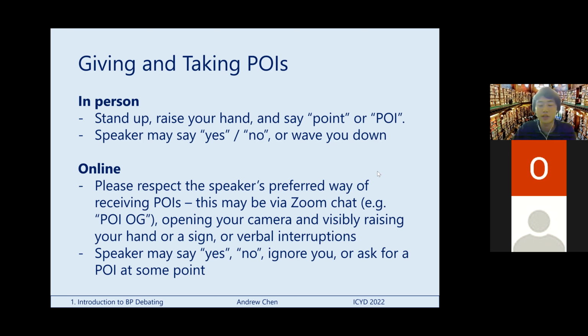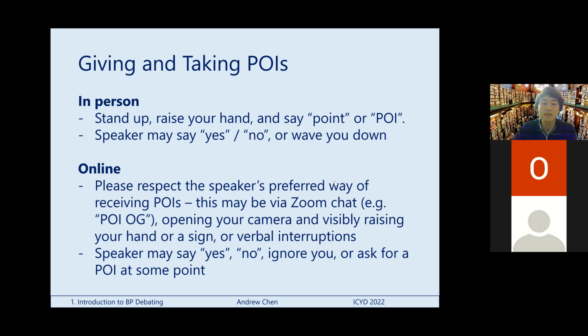So you might type something in a Zoom chat saying POI OG, which means that you're offering a POI from OG, which is your team. Maybe they'll request that you open your camera and visibly raise your hand or sign, or some speakers might request verbal interruptions. But generally, we ask you to respect whatever preferred way that speakers state and default to the Zoom chat and not verbal interruptions if they don't say anything.